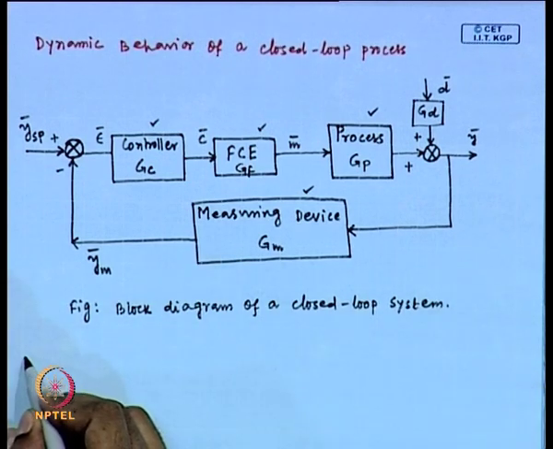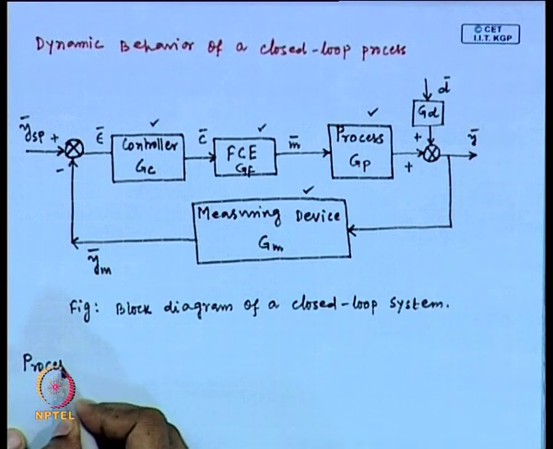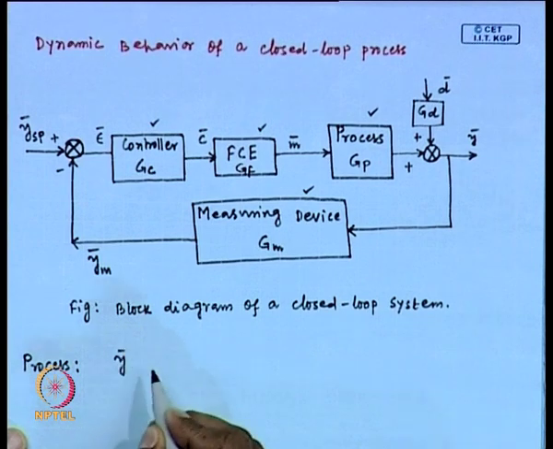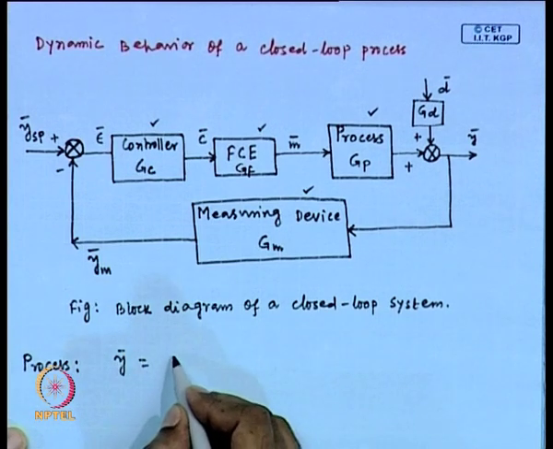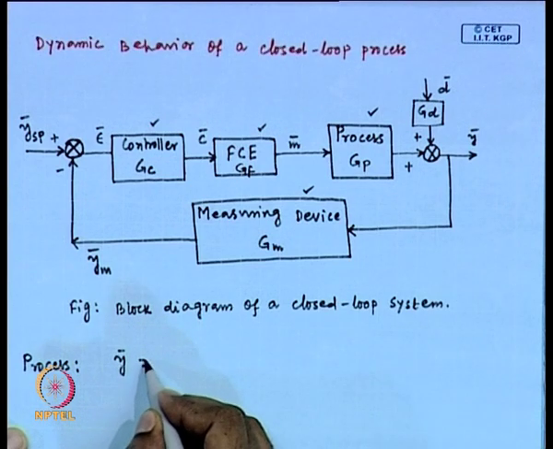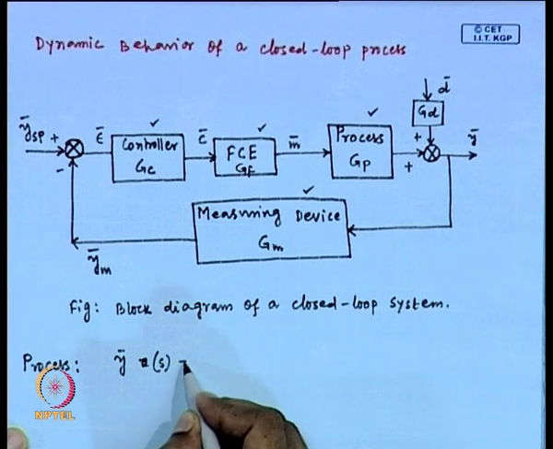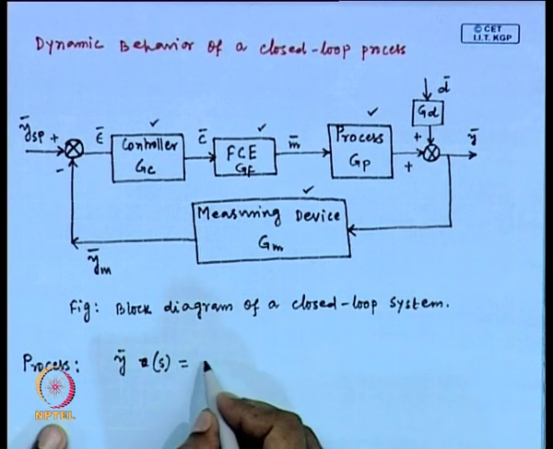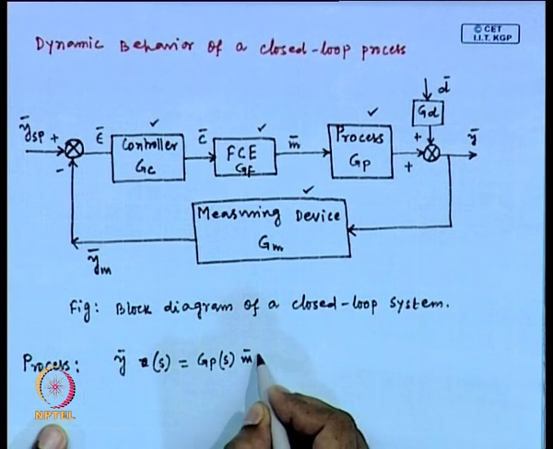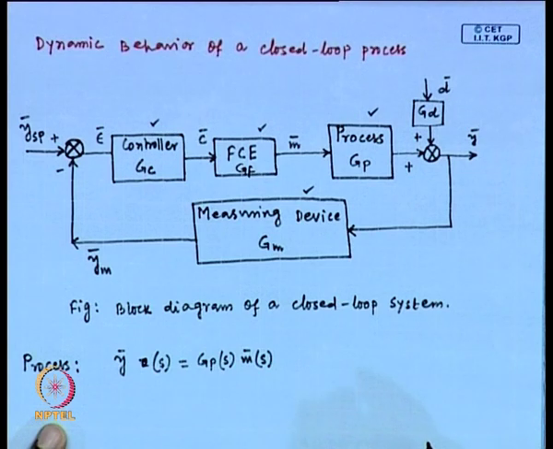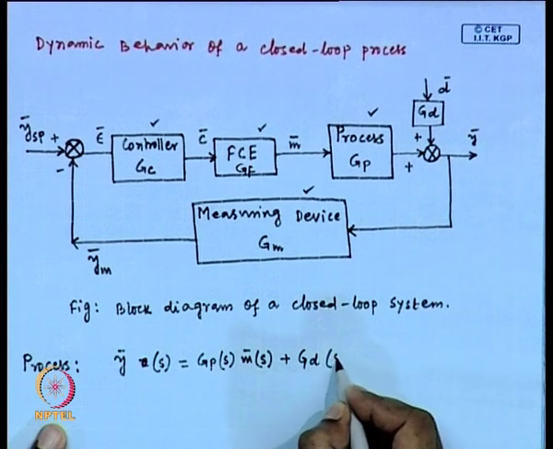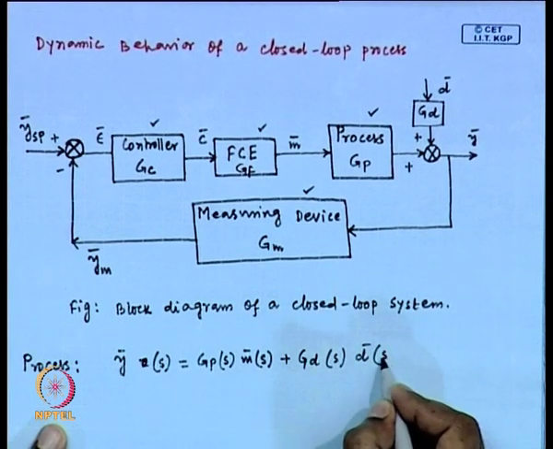So, if we consider the process, we can write y bar s equals G p s multiplied by m bar s plus G d s d bar s.